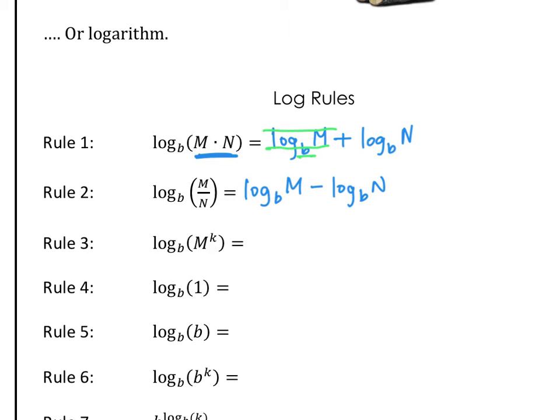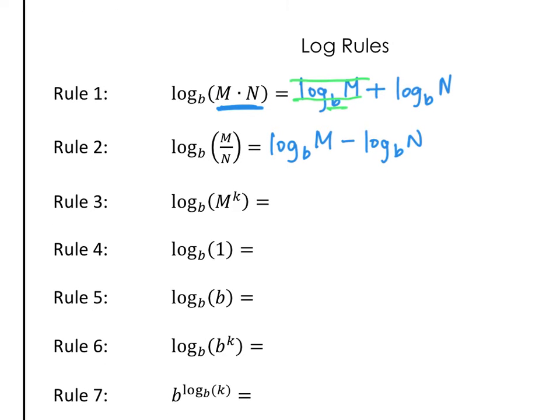All right, rule number 3. You see here how the levels are very important, because this log and m share the same level, this b is slightly lower, and then we have this exponent k on top of m.